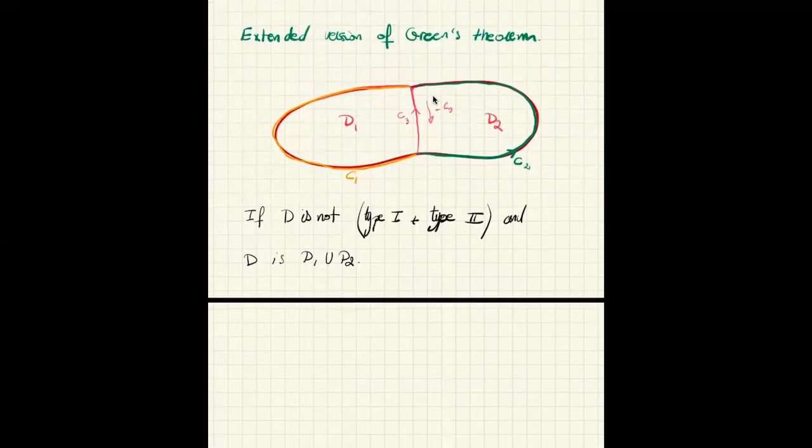We're going to call this type simple. Suppose D1 and D2 are simple.